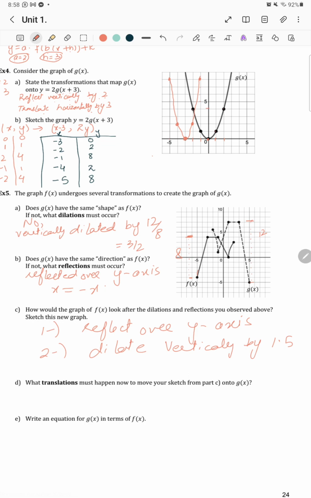What translations might happen now to move your sketch from part C onto g of x? So g of x would be equal to 3 by 2 f of negative x plus 1.